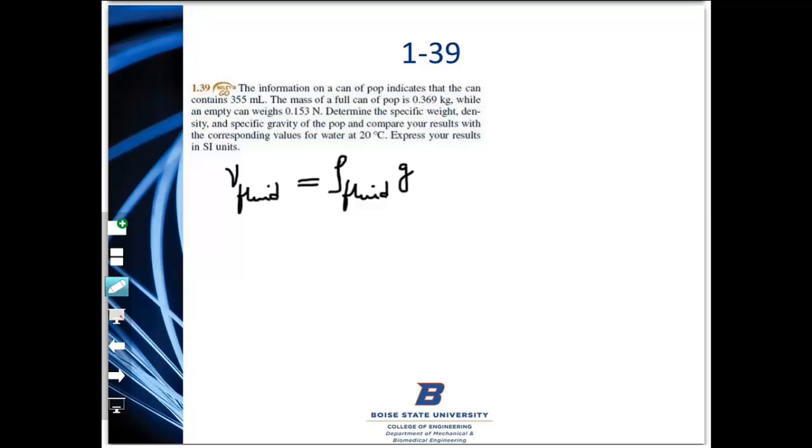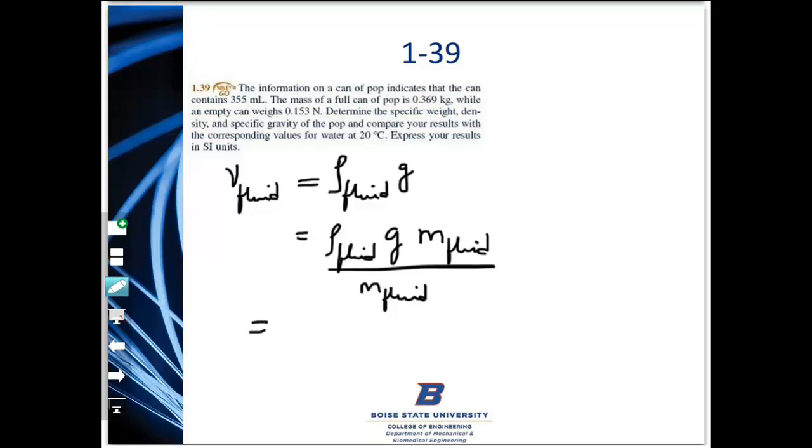So at this point, what I'm going to do is I'm going to write rho fluid times g, multiplied by mass of the fluid, and then I'm going to divide by the same quantity. So I'm not really changing anything, I'm just doing this. And the reason I'm doing this is, you'll see it in a bit here. You know that this then becomes the weight of the fluid, right?